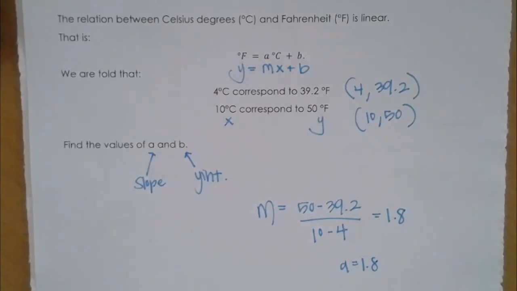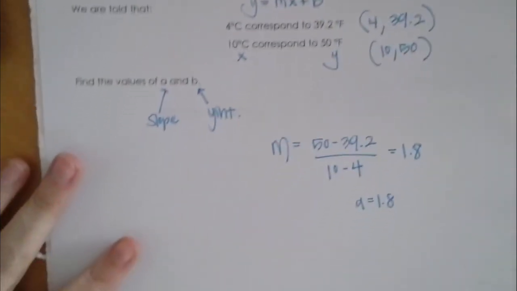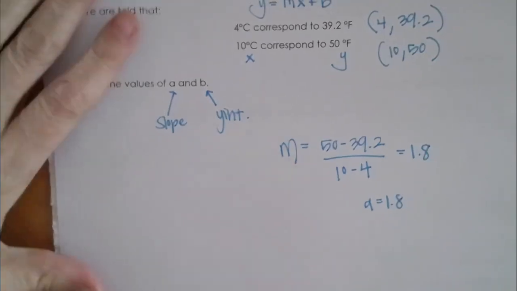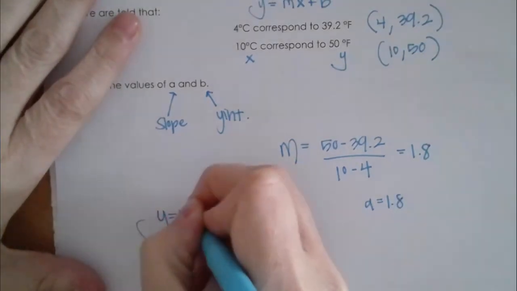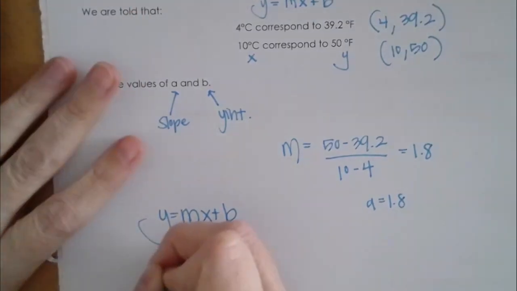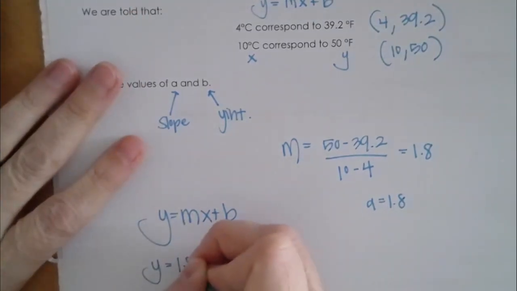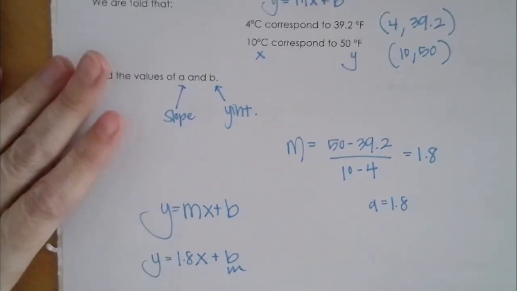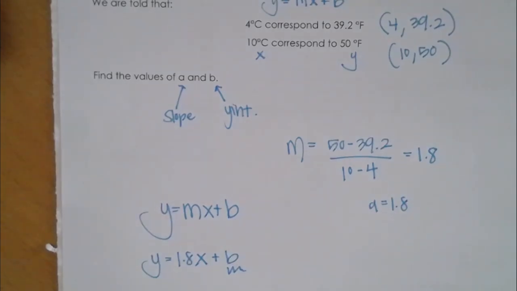Now, there's a couple of different ways to find B. The first way that I want to do is just working from y equals mx plus b. So if I start with y equals mx plus b, I already know my m. So I really know y equals 1.8x plus b. The b is the thing that I'm missing and I want to find out next.